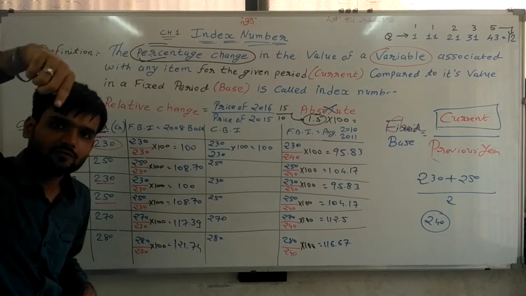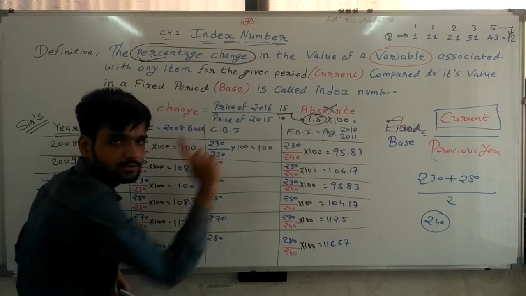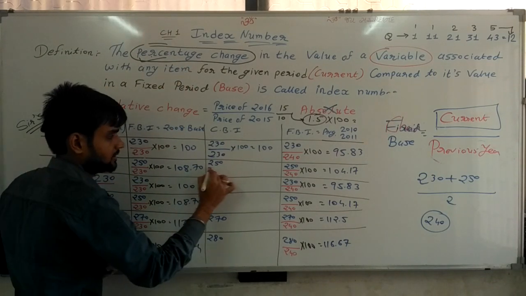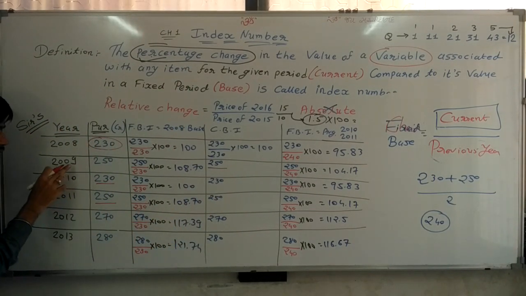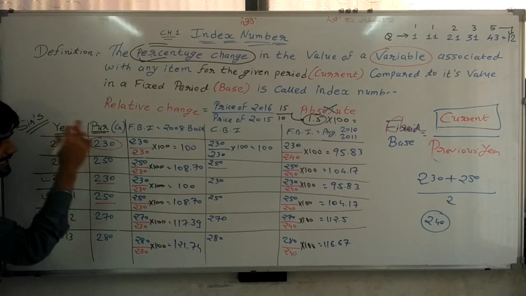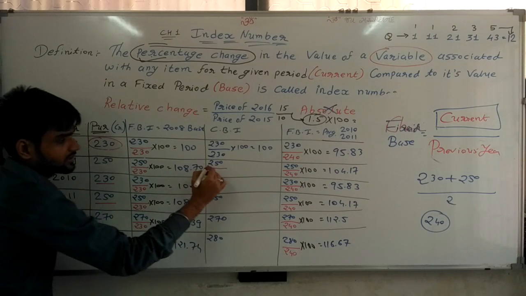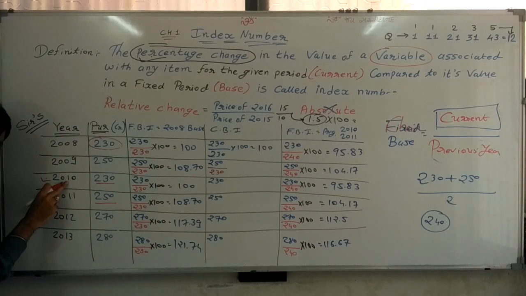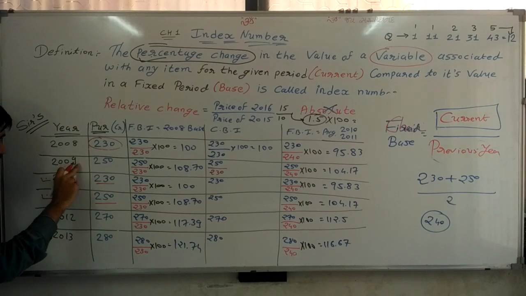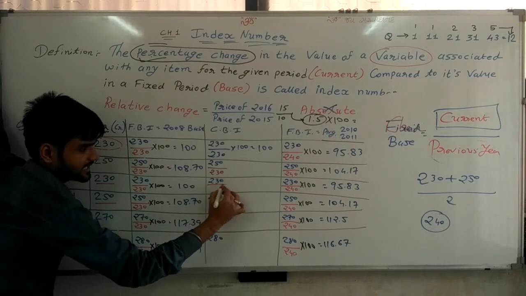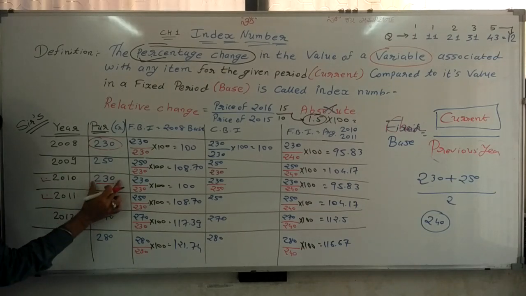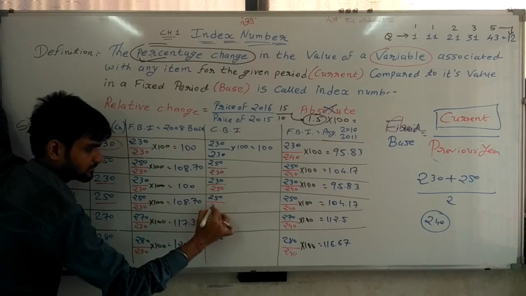But base year, if fixed, then fixed base. Now base year is previous year, then chain base. Here, 2009, previous year is 2008, and its information is 230. So divide by 230. 2010, its previous year is 2009, so 250 as the base. For 2011, 2010 as the base, 230.